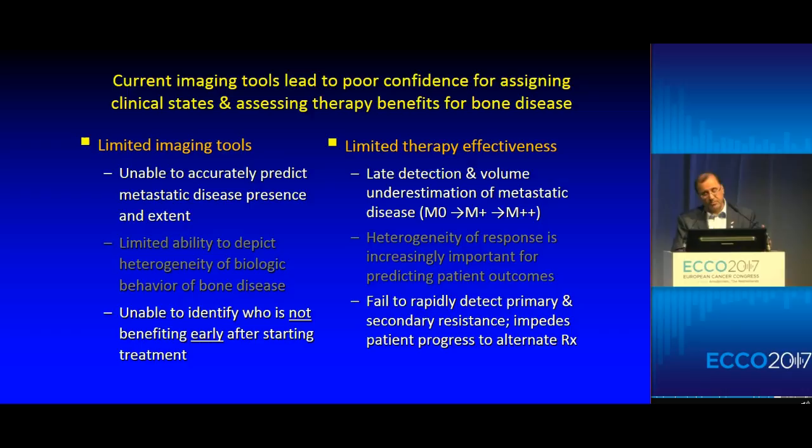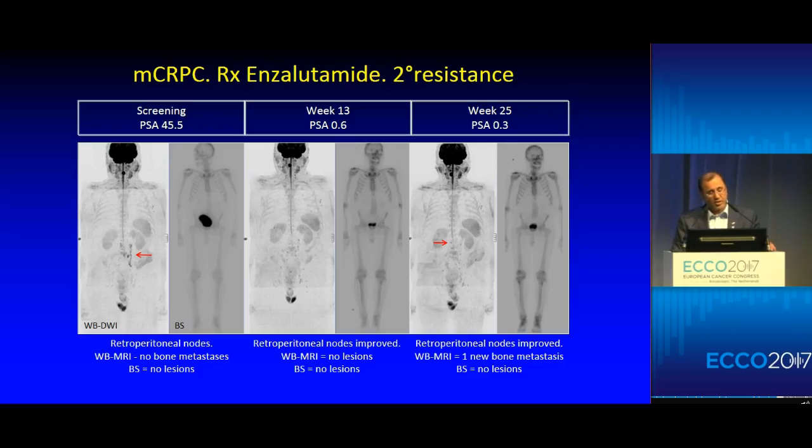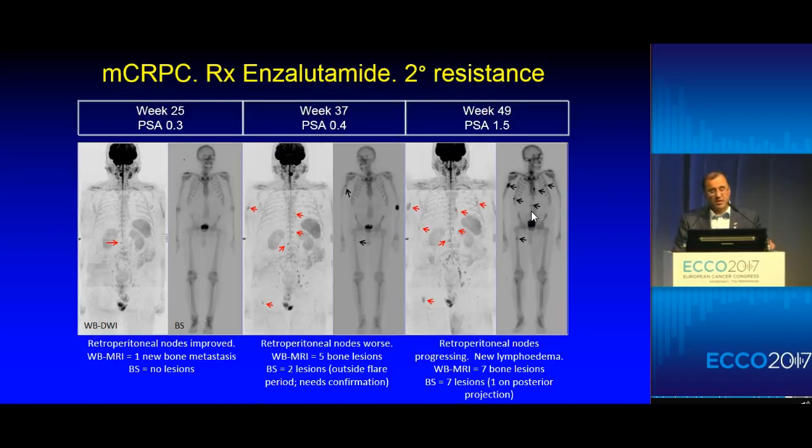I'm over time, but I'm just going to show you one example and then conclude. So here is a whole body MRI scan showing retroperitoneal lymph nodes. After enzalutamide, 24 weeks, we can see there's a new deposit on the MRI scan, but not on the bone scan. The patient's triage is based on bone scans.